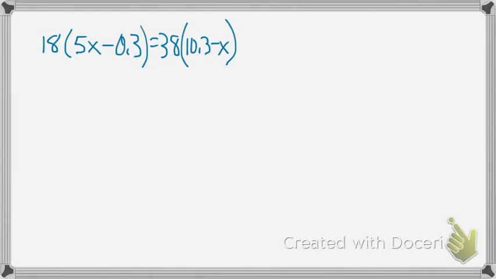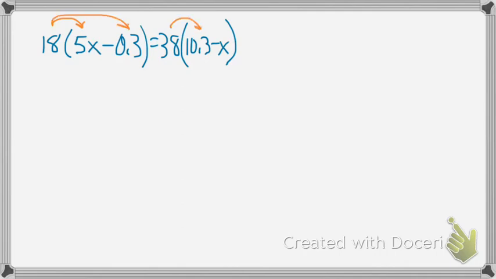Okay, so this becomes kind of a calculator problem. Not that you couldn't do these numbers on your own, but it is reasonable that you would use a calculator on a problem like this. So let's go ahead and distribute the 18 and the 38 for our first step.